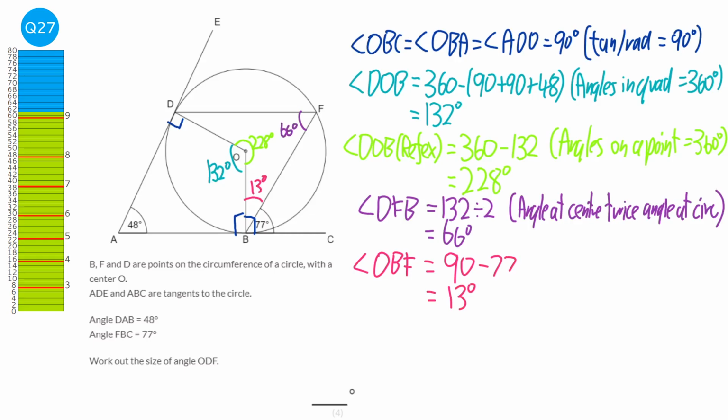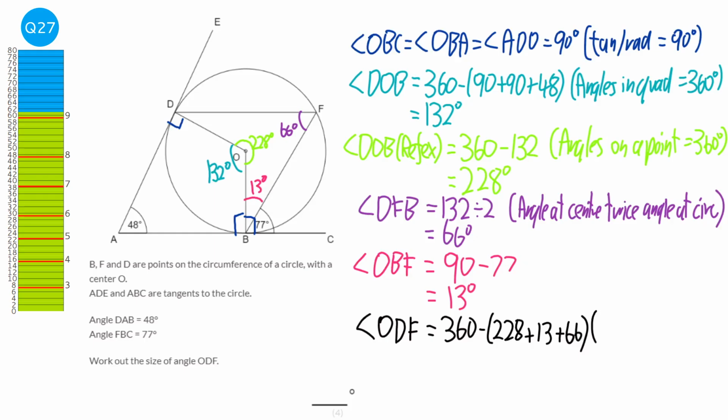And the final thing really here is that we've got a quadrilateral here, kind of arrowhead, and we've got three of the angles, one, two, three, and we're looking for the third one. So angle ODF is going to be 360, take away all the angles that we know, so the 228, the 13, and the 66.